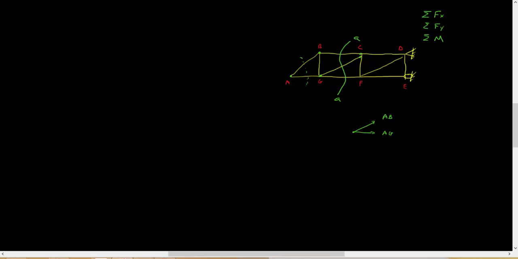So if I were to draw the free body diagram of the left side, we would have something that looked like this. This is point A, B, and then this would be C here, and then if we drop our dash line here, that would be F, and this is G. So here we would be computing BC, GC, and GF.